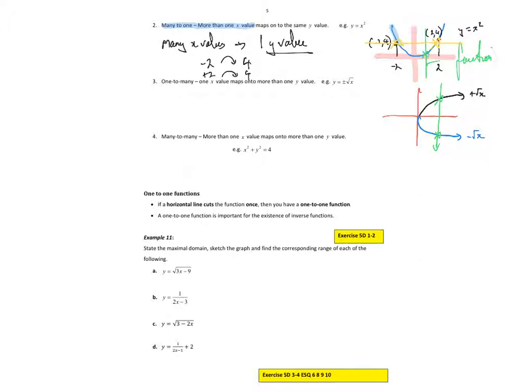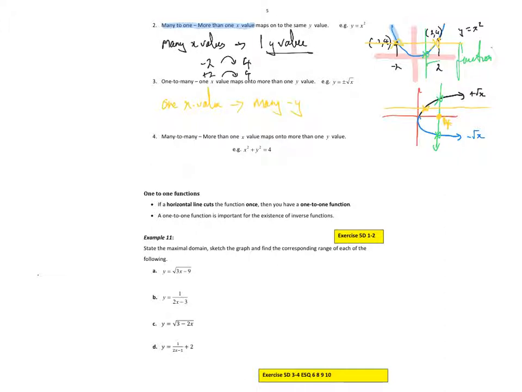But if I draw a horizontal line somewhere, it only crosses once. So in fact, there's one x value, and it goes to many y values.